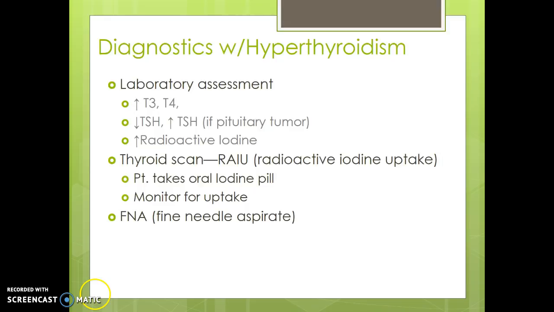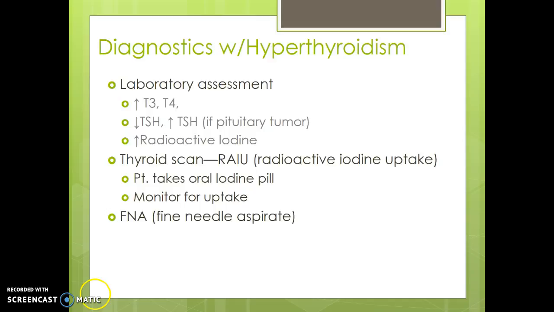So if your thyroid gland is out of whack and producing way too much thyroid hormone, then if the pituitary is normal, you'll see low thyroid stimulating hormone levels just because it realizes there's too much thyroid hormone coming from the thyroid.